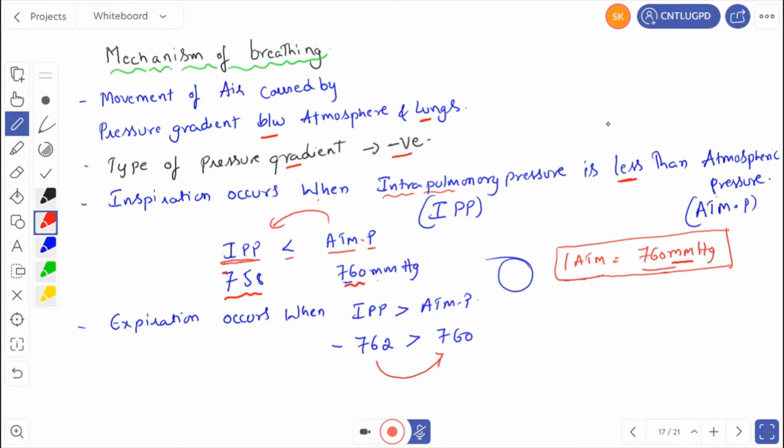So the pressure in the lungs is less, and air enters into the lungs. That is called inspiration. Expiration occurs when intrapulmonary pressure is greater than atmospheric pressure. If intrapulmonary pressure is 762 and atmospheric pressure is 760, air from the lungs goes into the atmosphere. So this is inspiration and expiration.